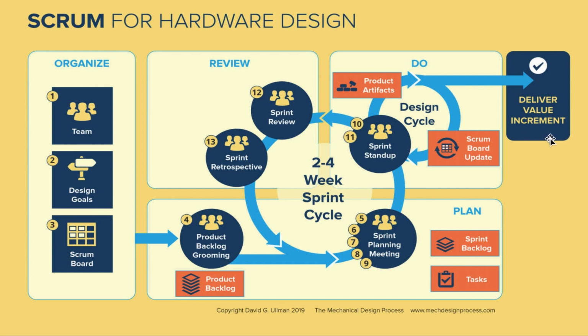In hardware, that's not really the case, but as much as possible, make it tangible. After they've been doing this daily, the sprint comes to an end, and it goes into a review process and a retrospective.